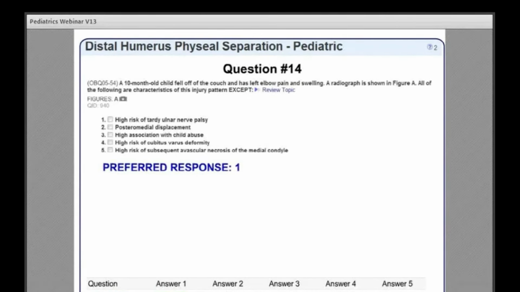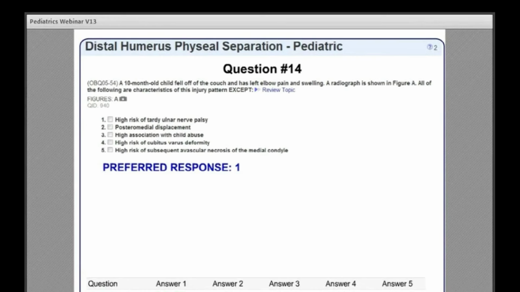Once again, a 10-month-old child who falls off the couch has left elbow pain and swelling. The radiographs show a distal humeral physeal separation. There is a risk in this type of fracture for tardy ulnar nerve palsy.